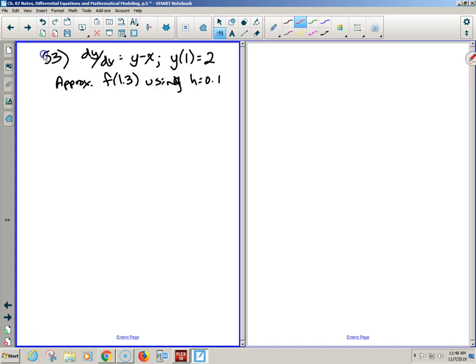Okay. So we start off with y of 1 is equal to 2, then y of 1.1. You guys agree with my approximate? So as soon as I get off that point on the curve, now I'm off. Okay, how does Euler's method work?